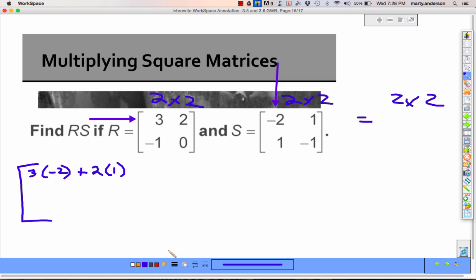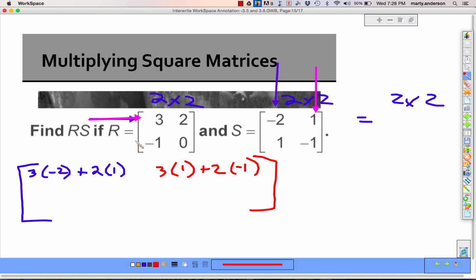Next, first row, second column. This times this.